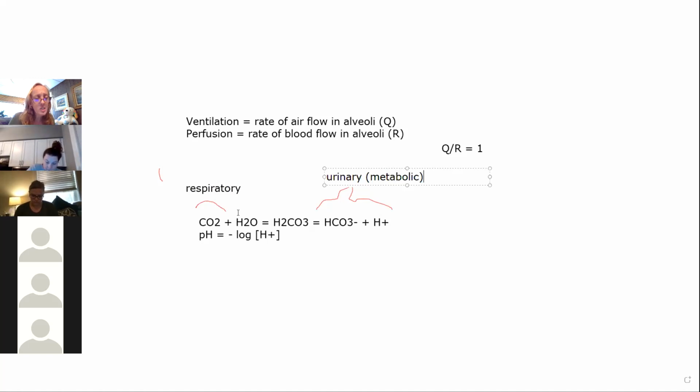The urinary system can't do anything about changing how much carbon dioxide gas you have in your body. But it can indirectly affect it by deciding how much of this you keep in the body and how much of this you have in the body.